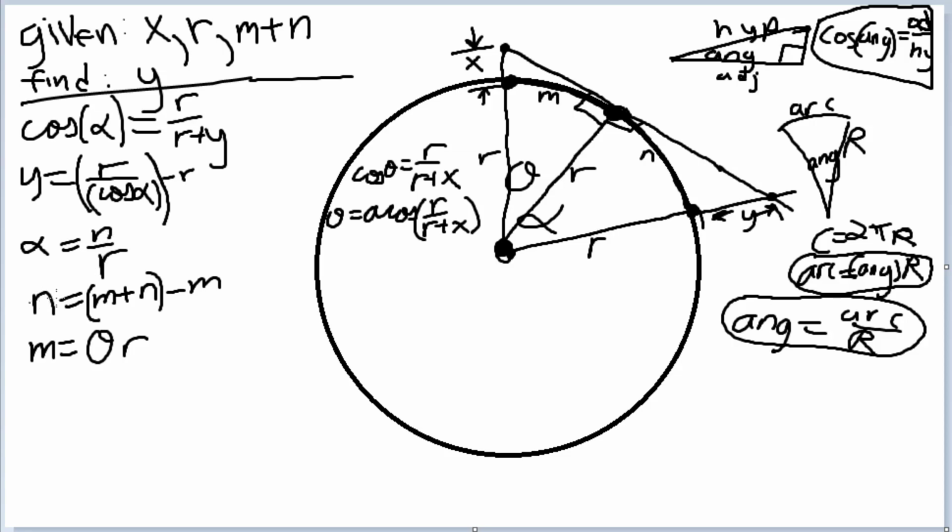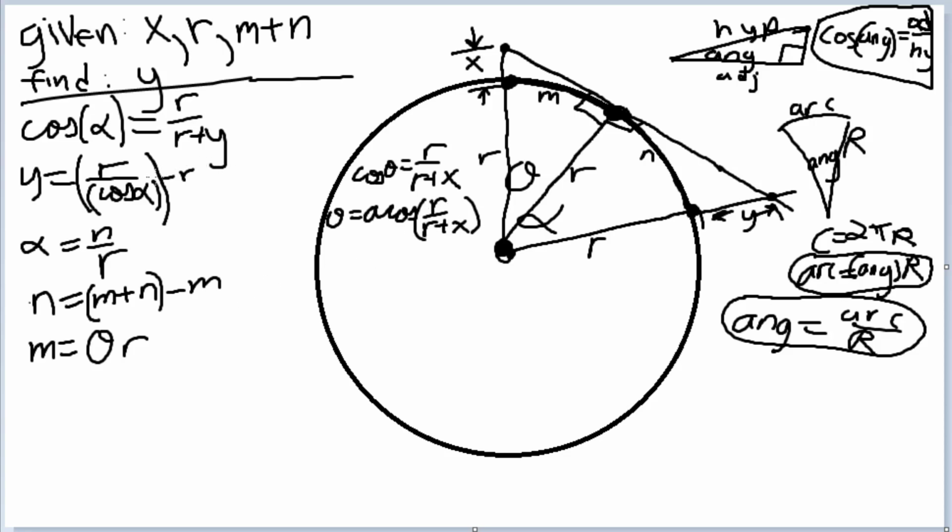So we write down what n is, and n is equal to this thing we're given, m plus n minus m. But m is the only unknown in this equation, so we just write what m is equal to, and then m is equal to theta times r. We know r, but we don't know theta. Because our r's are given, right? We know our givens, but we don't know theta, and theta is equal to a cos of r over r plus x. The only variables in this equation are r and x, both of which we know.